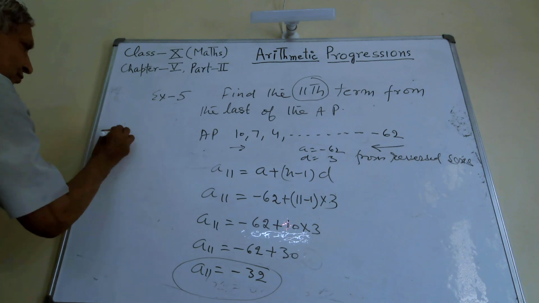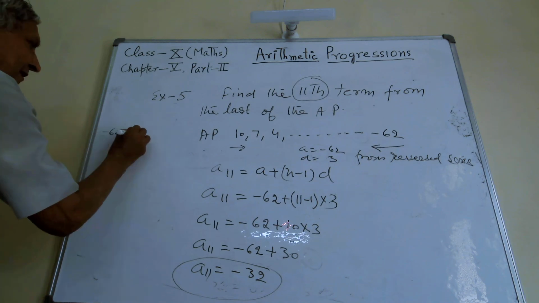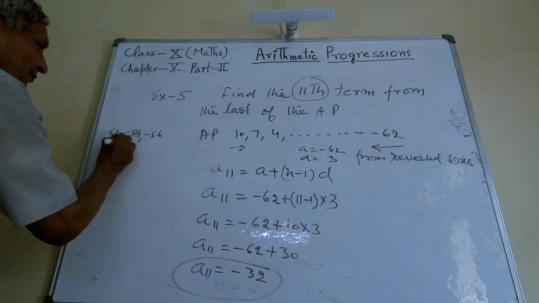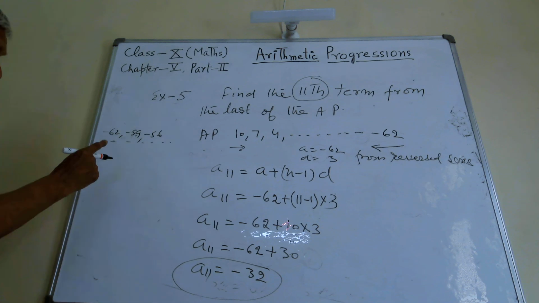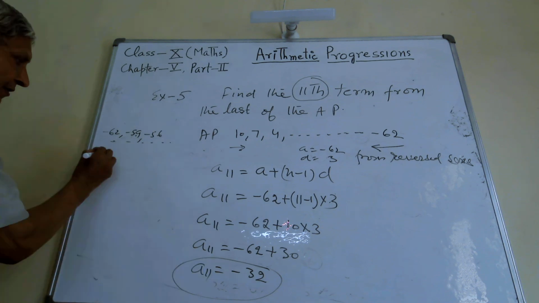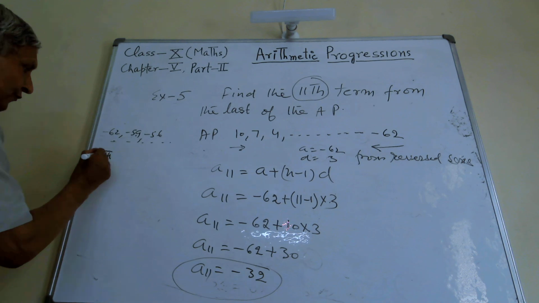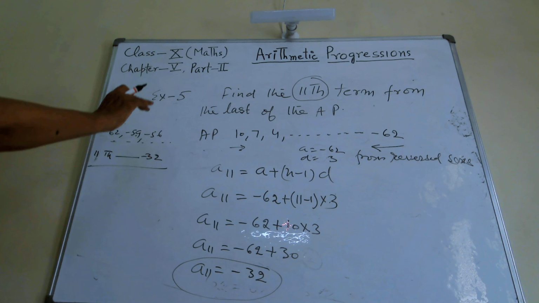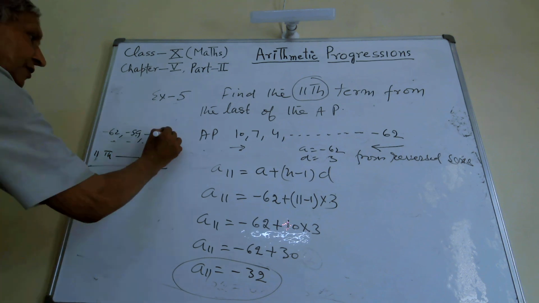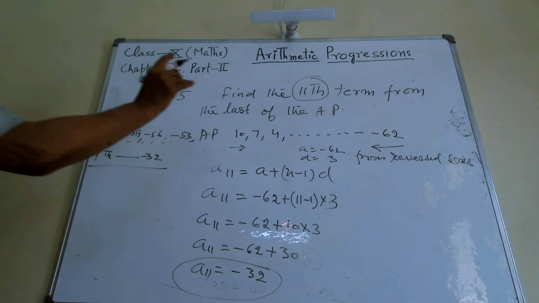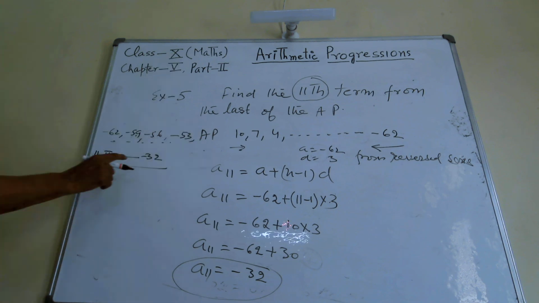Minus 62, minus 59, minus 56, and you will go on like this, minus 53, and so on. You will get the 11th term as minus 32.